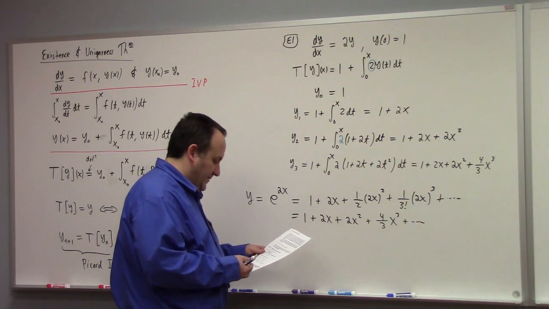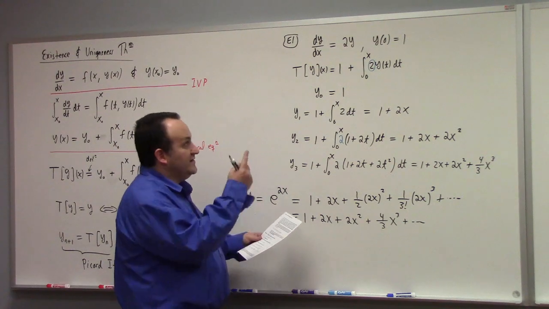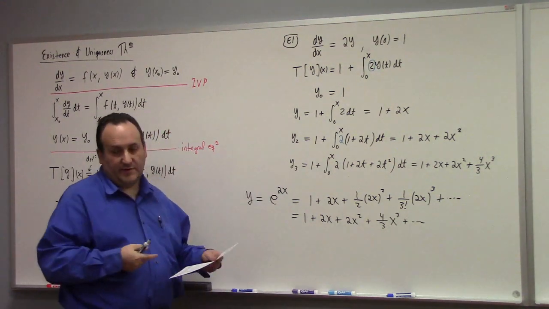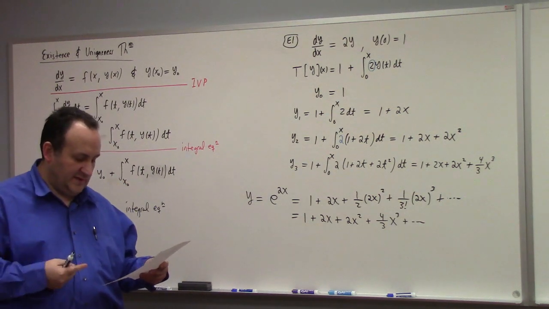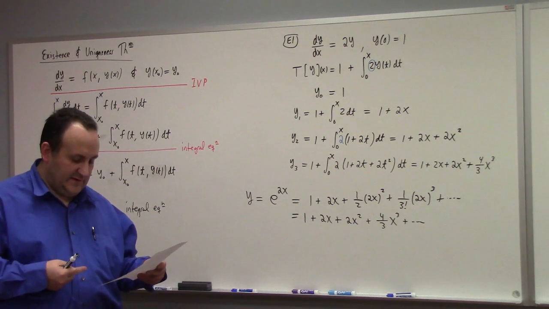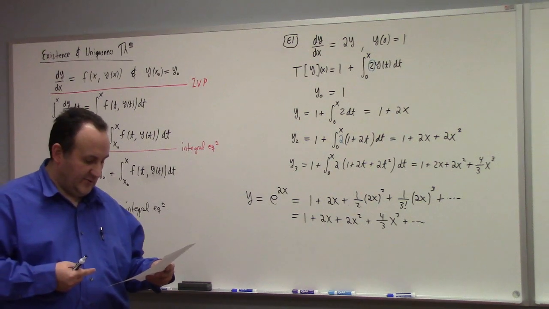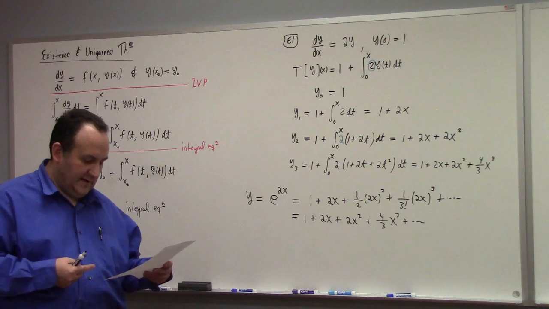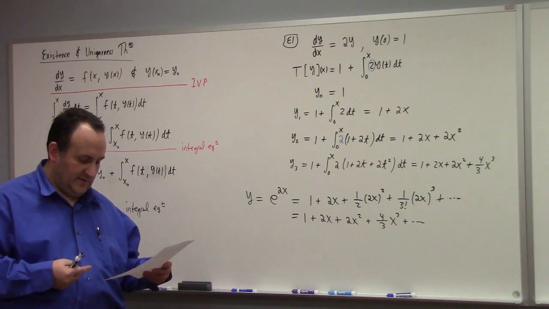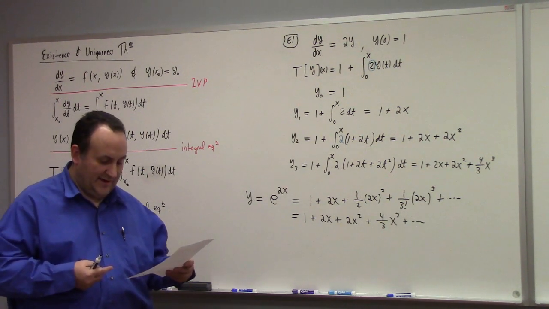But one of the footnotes here is really interesting because this calculation predates Banach. He says this method can be traced back to Liouville, who used it in 1838 in his study of linear second order equations. It was also used by Cauchy in 1864, by Fuchs in 1870, and by Peano in 1888.